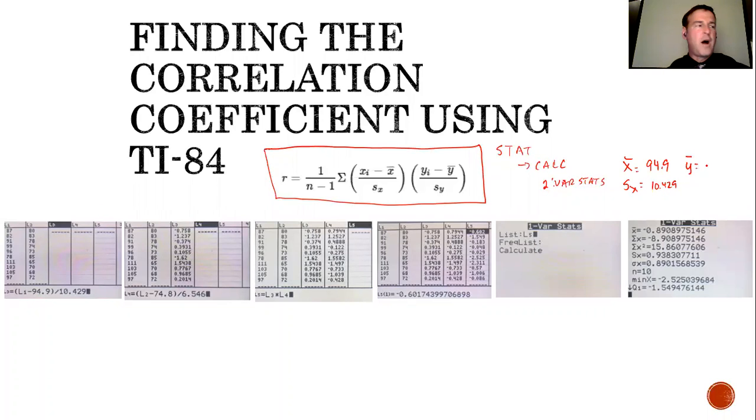So your y bar is 74.8, and your s of y, which is your standard deviation of y, is 6.54. It's a harsh 6. There you go. And now that I have those, I can go through and work with this monster ugly equation. So take a second, make sure you got those.